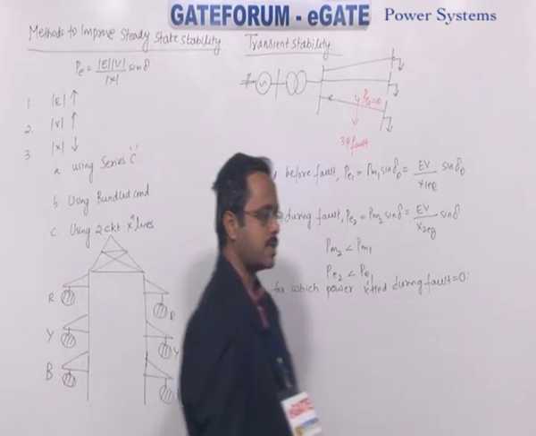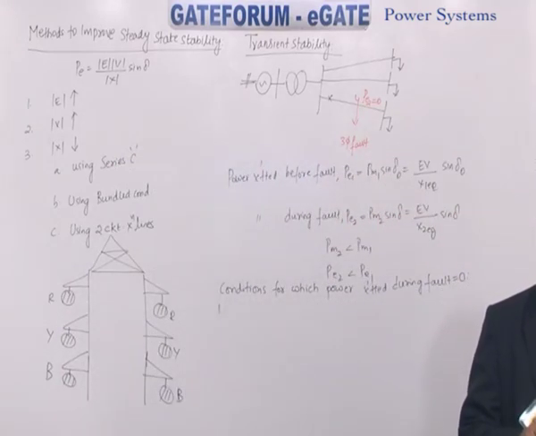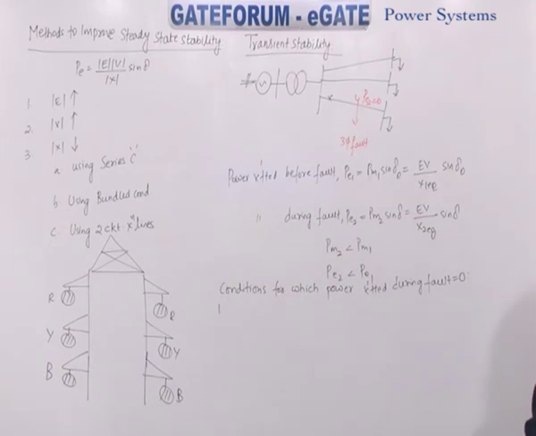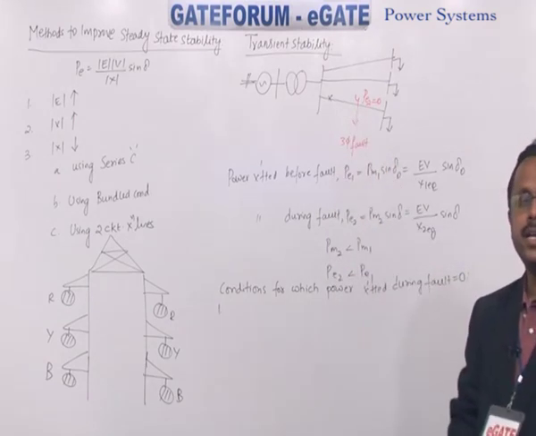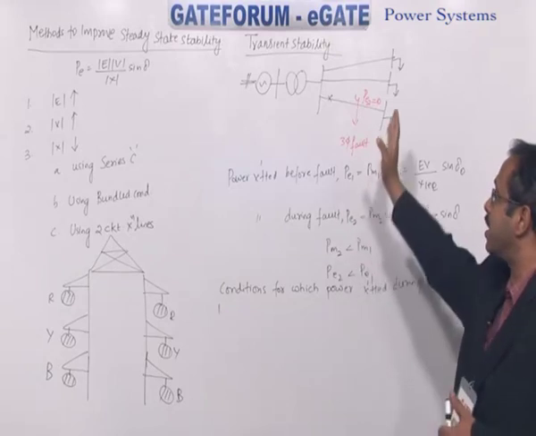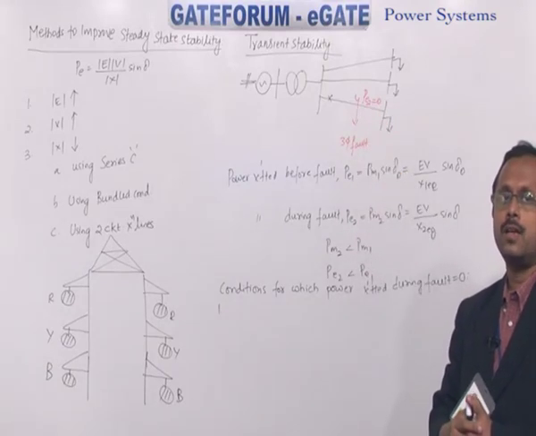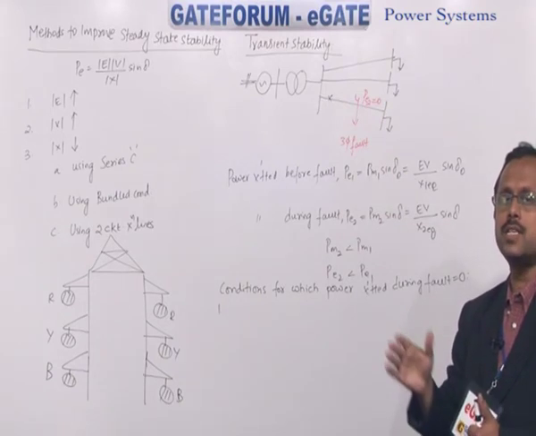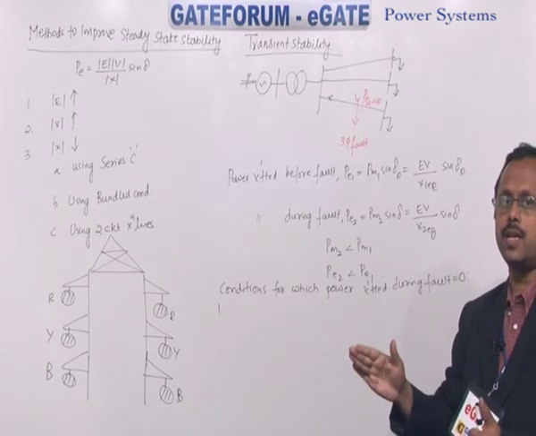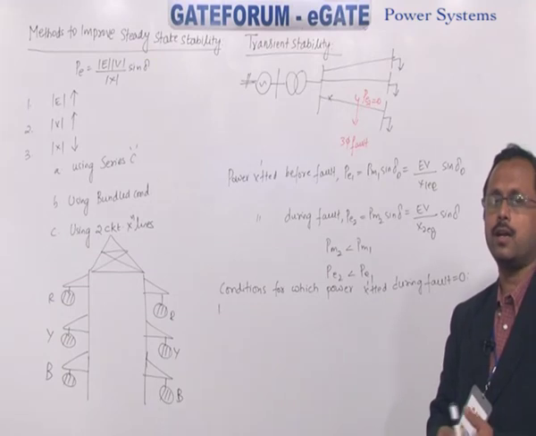First condition is you assume that fault has occurred on a transmission line near bus bar. Then you treat the fault as on the bus bar. So voltage at the bus bar is the same as the fault voltage, 0. So power is not transmitted during fault.